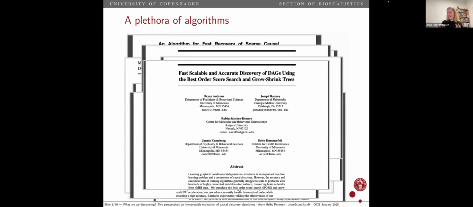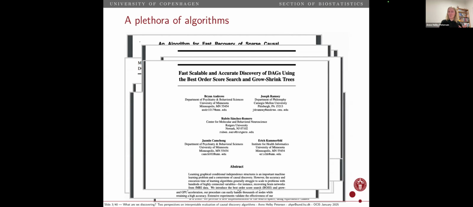A defining characteristic of the causal discovery field is that it's a very productive group of especially computer scientists who are producing a lot of algorithms, and a lot of them also have nice properties. You can prove mathematically that they're sound, they're complete, and they work if you have infinite data.